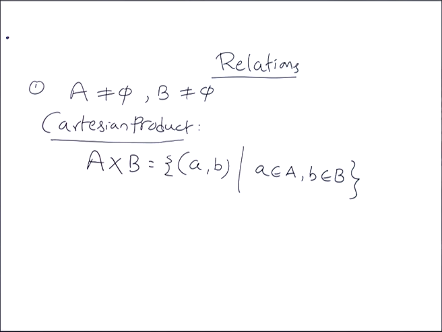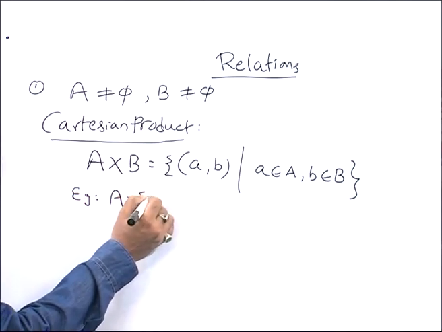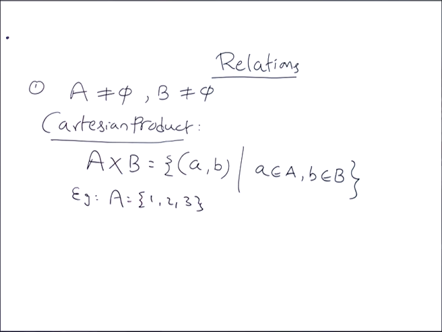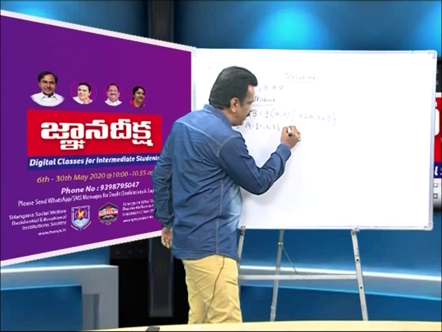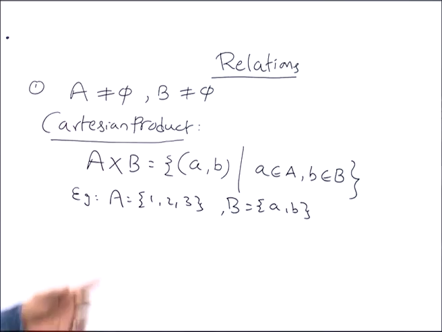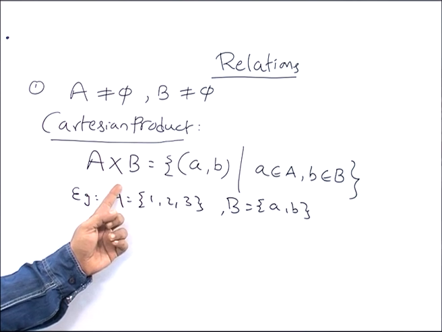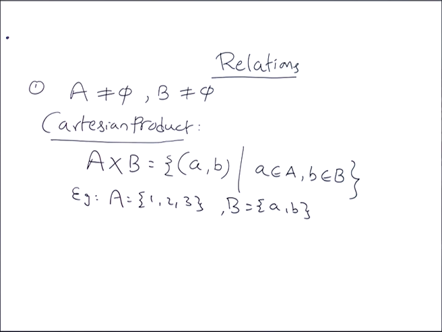Here as an example, I will take capital A equals {1, 2, 3}, meaning A contains 3 elements 1, 2, 3, and B has 2 elements, suppose a, b. So here A cross B is defined as the set of ordered pairs (x, y) for x belonging to A and y belonging to B, and hence in what manner can we form pairs?